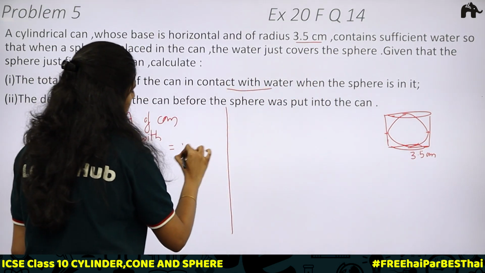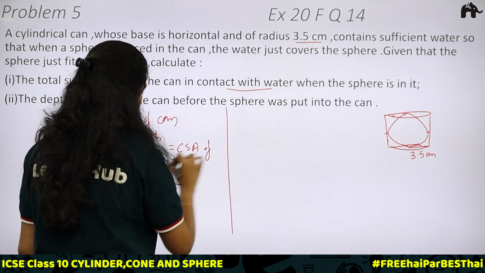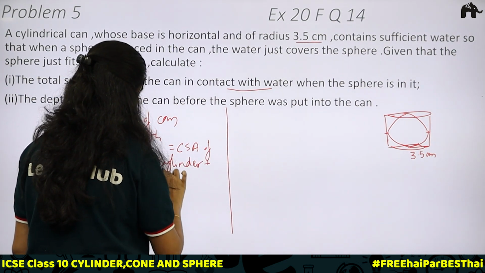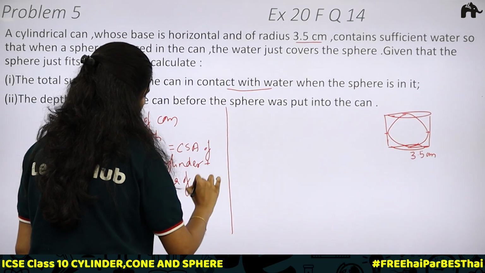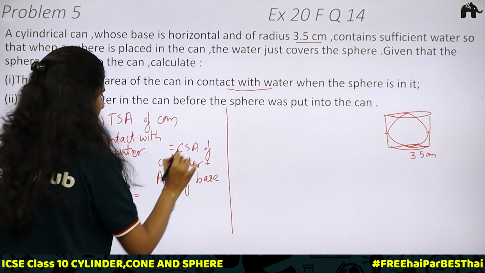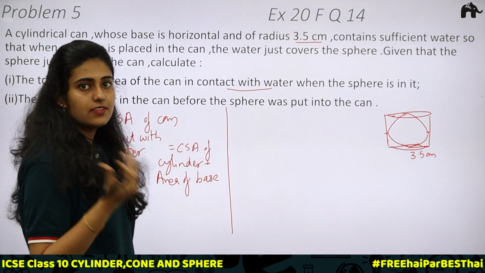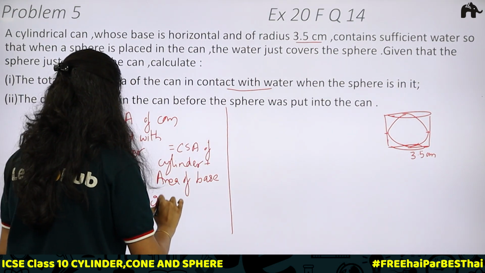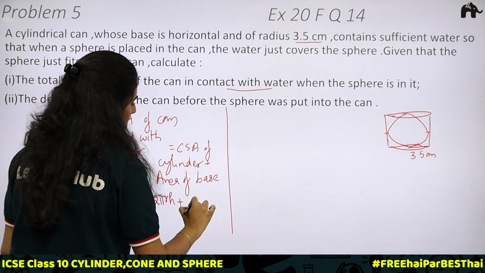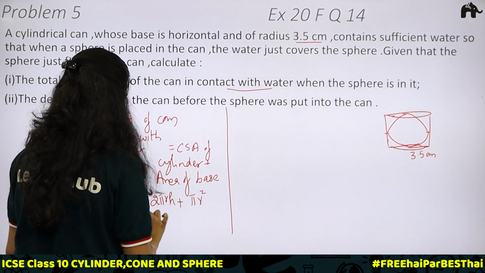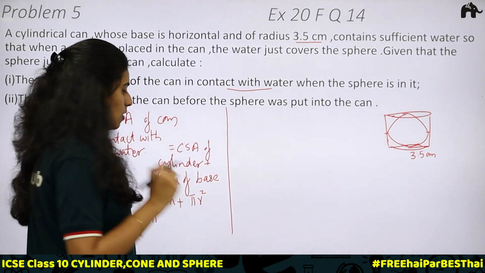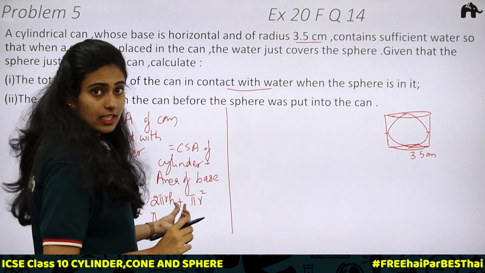That is equal to CSA of cylinder plus area of base. Put the values. CSA of cylinder, curved surface area of cylinder, is 2 pi r h, plus area of base is pi r square. Pi and r can be taken out. Before that, what is the height?